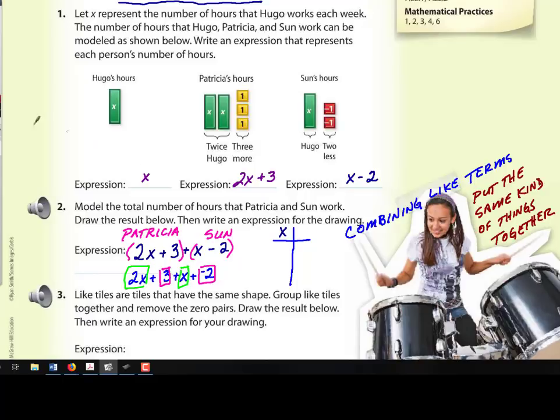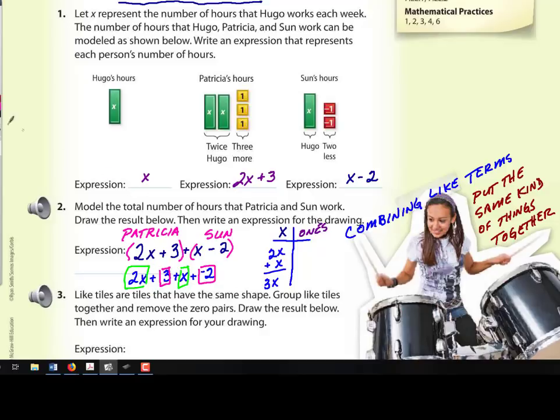So we have x's and we have ones, or numbers. For the x's, we have those 2 x's and we have another x, which means, since those are all positive amounts, we have 2 x's plus 1 more x. We have 3 x's altogether.